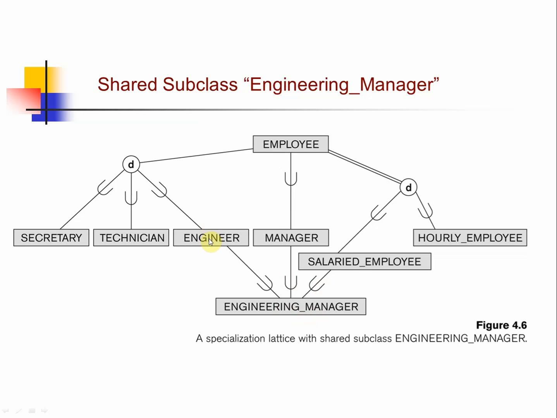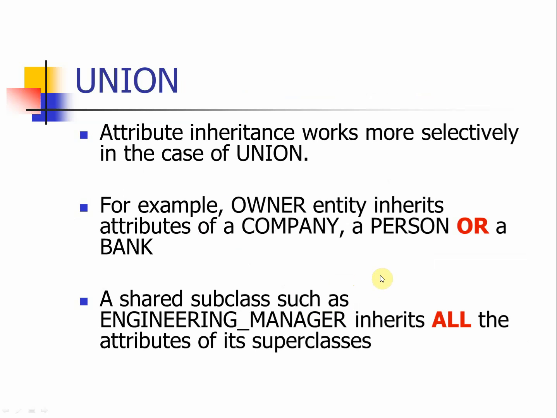It is an engineer, it is a manager, and it is also a salaried employee. So these slides summarize the major difference between the multiple inheritance versus the union concept. The owner concept, which is union, represents an "or" idea, and a shared subclass gives an "and" idea.